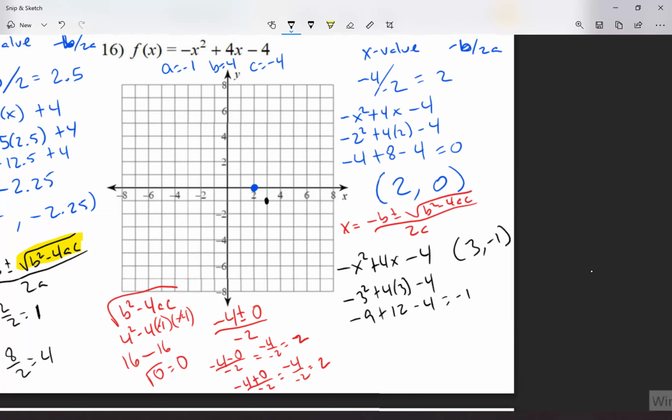Now, one cool thing is that it also copies on this side. Whatever happens on one side, it happens on the other side. Okay, have a good idea now. This thing is going to look like that.